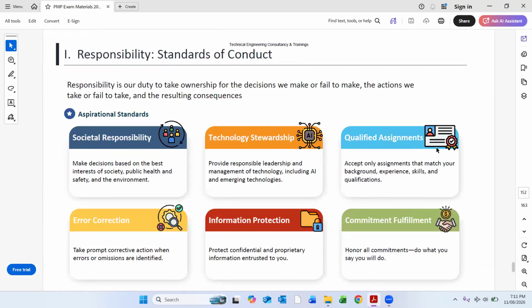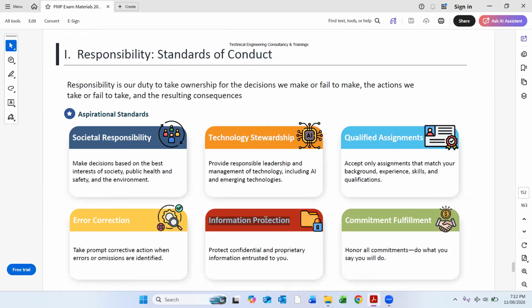Standards of conduct. Responsibility is our duty to take ownership for the decisions we make or fail to make, the actions we take or fail to take, and the resulting consequences. This includes social responsibility, technology stewardship, qualified assignments, error correction, information protection, and commitment fulfillment.